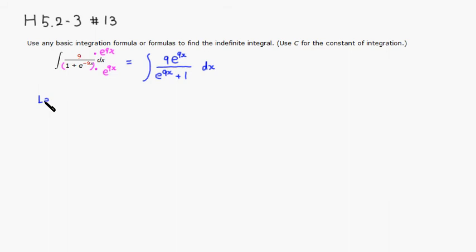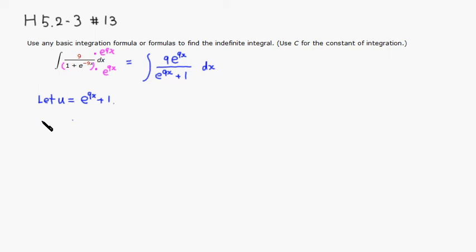Let u be the whole denominator, so you have e to the 9x plus 1. Usually having a simpler denominator is a good thing.